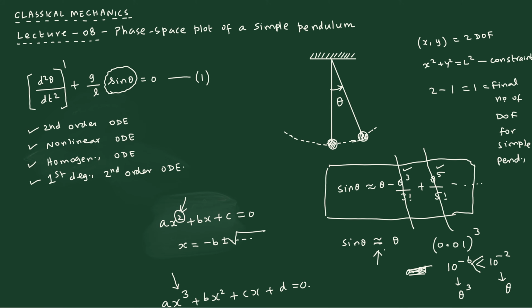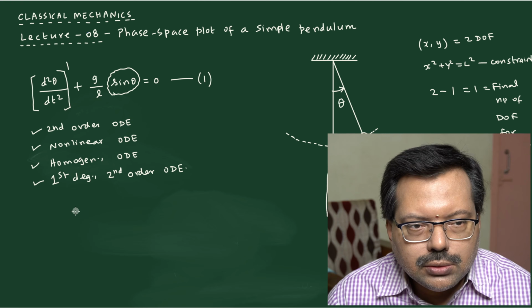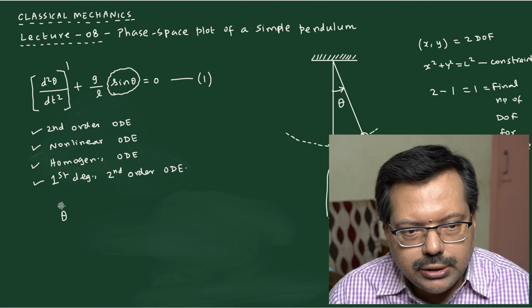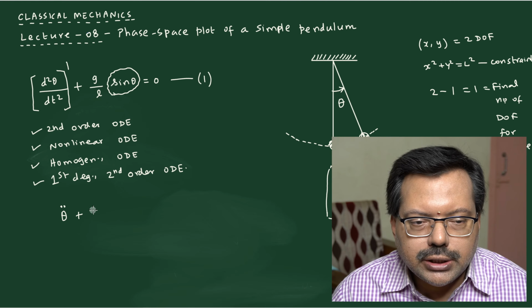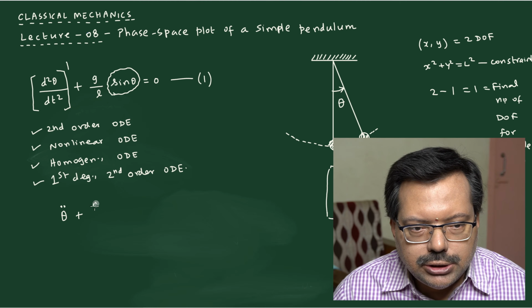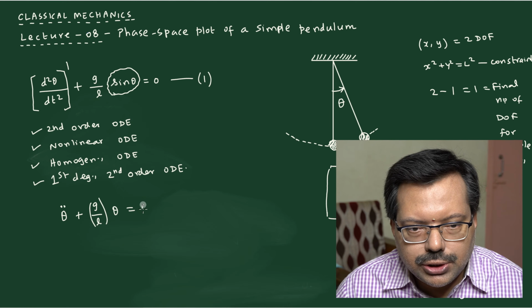And by that, if you substitute sine theta is approximately theta into equation number 1, then you will get back the familiar equation. Okay. So let me substitute and show what is happening there. If you substitute this, I will be getting theta double dot, which means the second derivative, plus g by L multiplied by theta equal to 0.